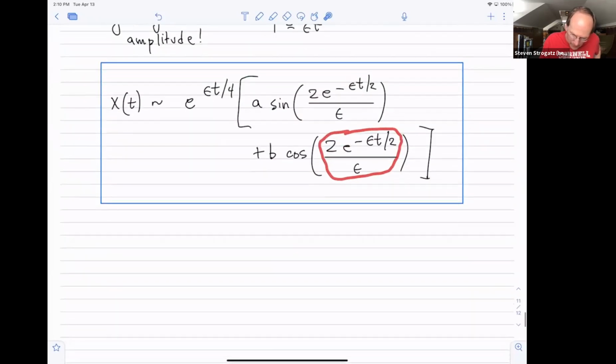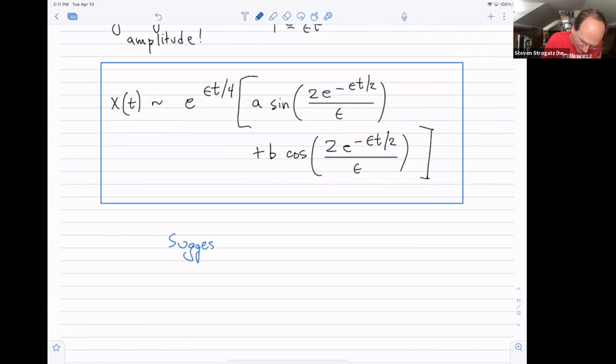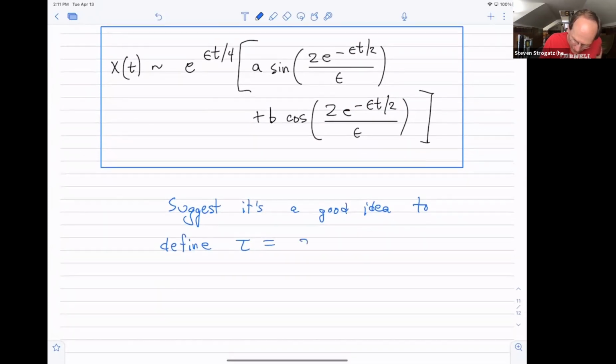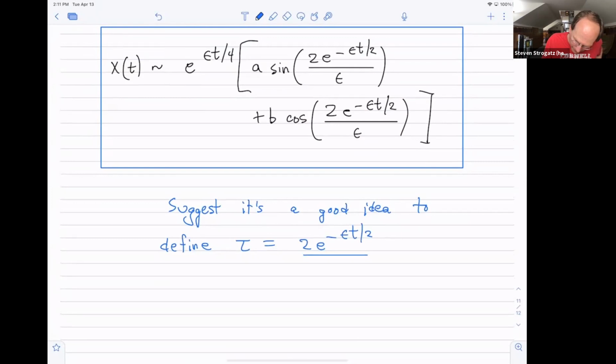It's sort of suggestive that the problem would be nicer if we define a new time variable, tau, that is this nonlinearly stretched time according to that formula, which I'm going to show you now is actually a magnificent idea.